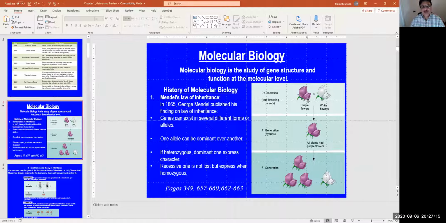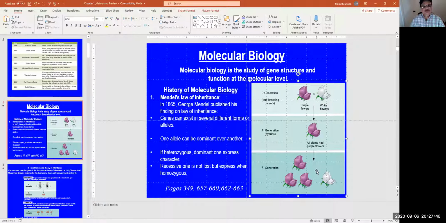What I mean by that is, if you consider breeding a purple flower with a white flower, the first generation is all purple. In the second generation, when the breeding takes place, there are 3 purple and 1 white flower. So what happens to the white flower? The white flower is not lost, it is hidden in the F1 generation.